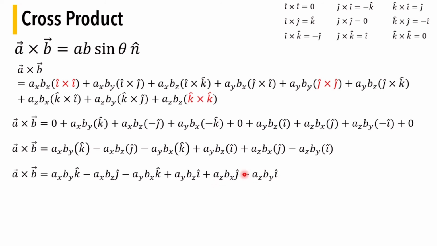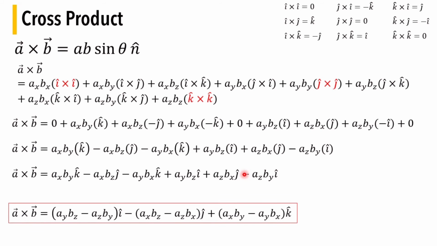So we can write this expression like this. We take unit vectors out and scalar quantities in the bracket. Now this can be very useful for us, but we can also find the same expression, the red encircled one, by the determinant method.